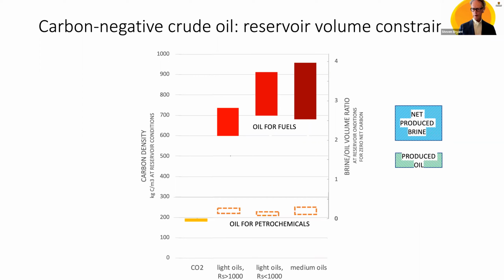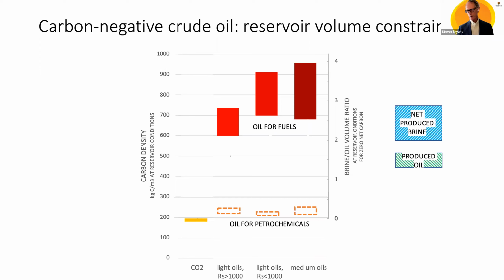So that's the all-in life cycle carbon density folded into the reservoir condition volume of the oil. Those run 600 to nearly 1,000 kilograms of carbon per cubic meter, depending on some details about the oil, the temperature, the pressure, et cetera. The key point here is just the range.